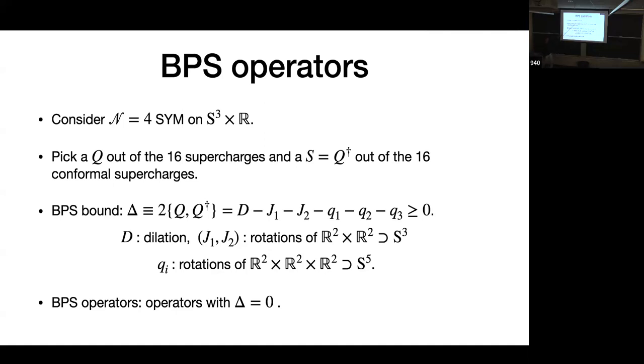The state-operator correspondence also maps to the case where you have R4 and some operator at the origin. In this case, you do radial quantization, and the conjugation is the one that respects this radial quantization.